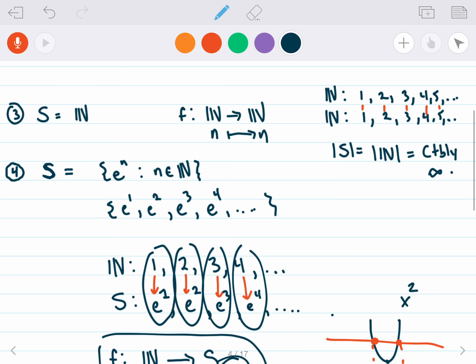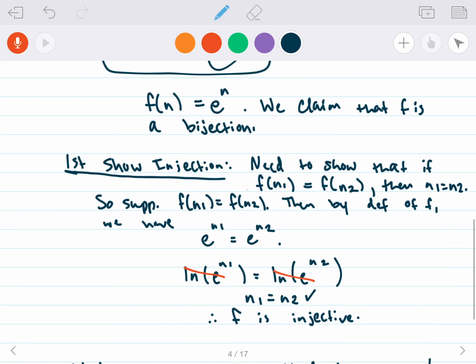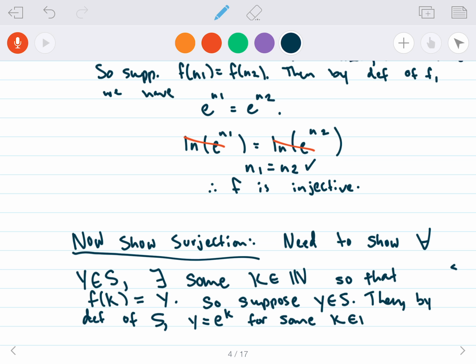That was just the definition of S. Okay, so suppose y in S, then by definition of S, y is equal to e to the k for some k in the naturals. Okay?